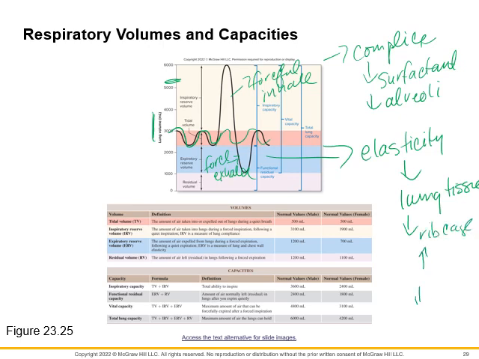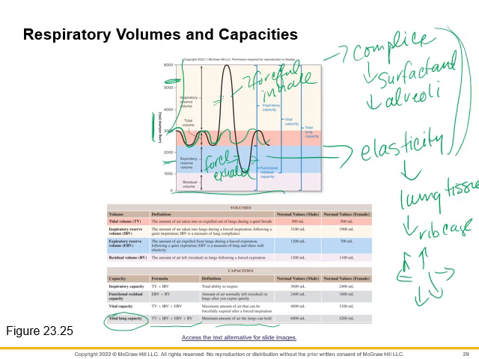Remember those changes, either anterior, posterior, lateral, superior, inferior, right, to change the lung volume. And then you can look down here, they have total lung capacity. So if I add all of these up, I can look at the amount of air the lungs can hold. And by looking at individual volume changes in the lung when I forcefully inhale and forcefully exhale, I can tell a little bit about the health of the lungs.